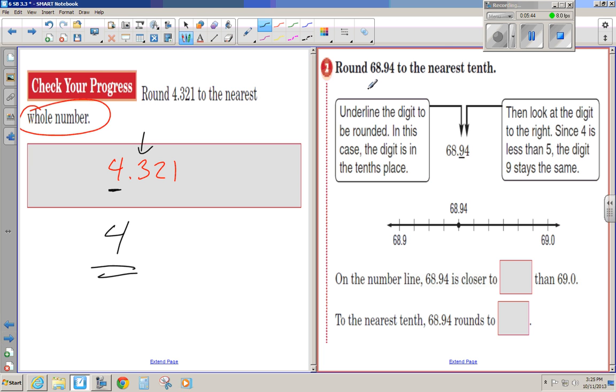All right, round 68.94 to the nearest tenth. So the tenth position is right here. We look to the right, and it's a 4. So that's 4 to the floor. So you should round it to 68.9. You leave it alone.